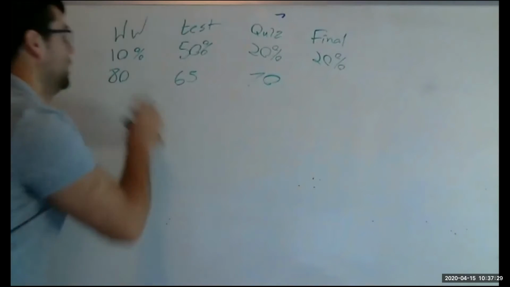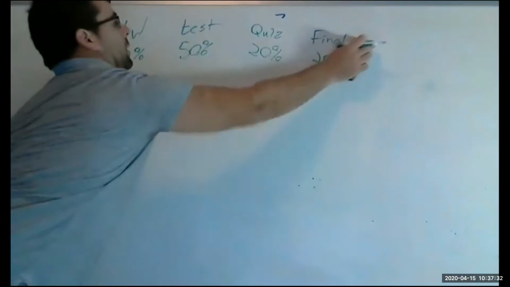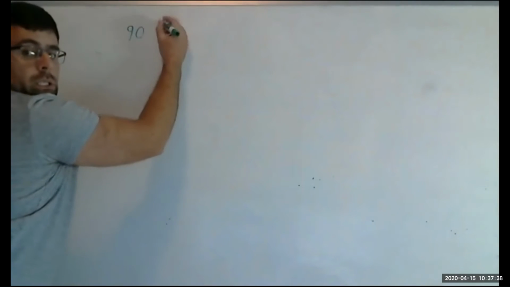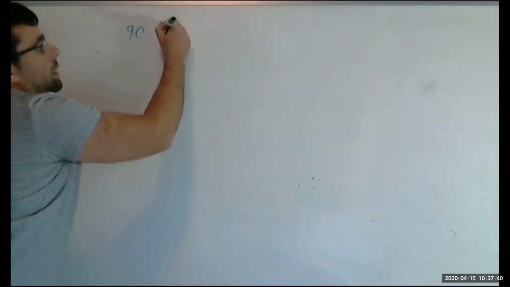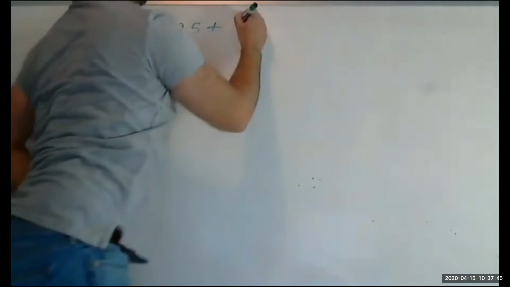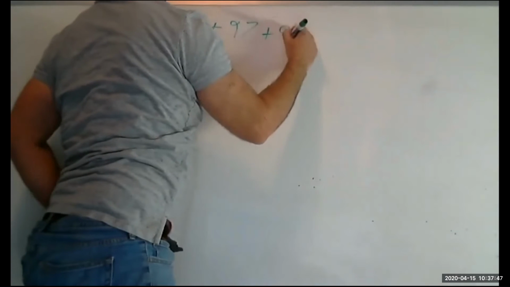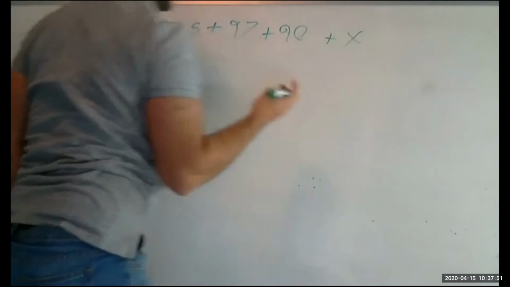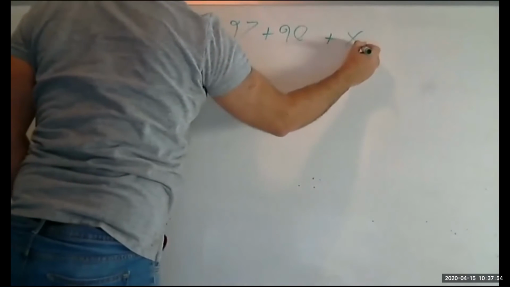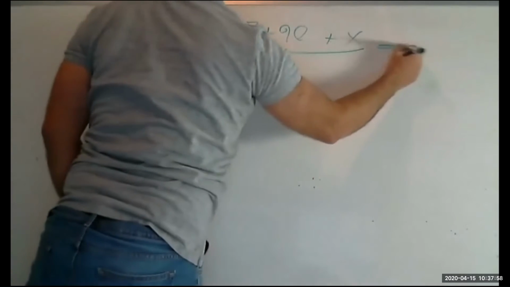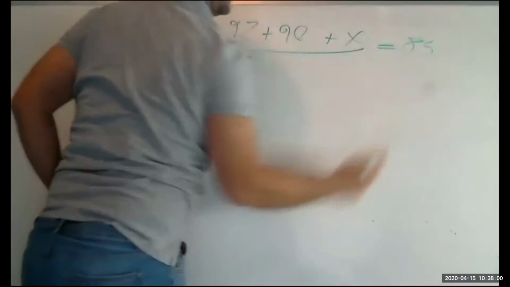So we had 90 plus 95 plus 97 plus 90 plus X over 5 equals 85.